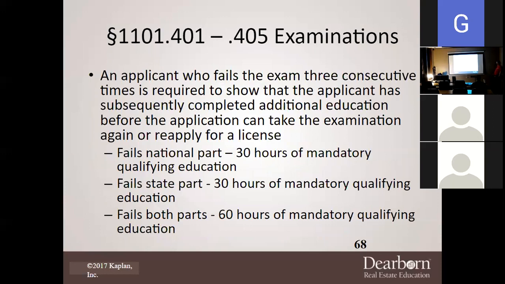As it shows here, an applicant who fails the exam 3 consecutive times is required to show that the applicant has subsequently completed additional education before the applicant can take the examination again or reapply for a license. So failing the national part means 30 hours of mandatory qualifying education. Failing the state part, 30 hours of mandatory qualifying education. Failing both, you have to do 60 hours. And that comes back to taking these courses that you're taking.